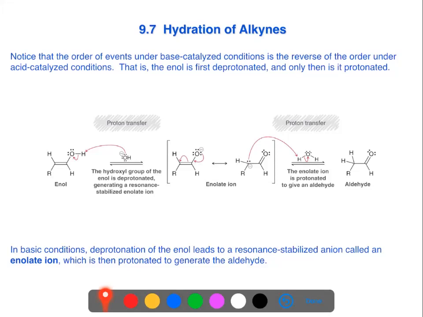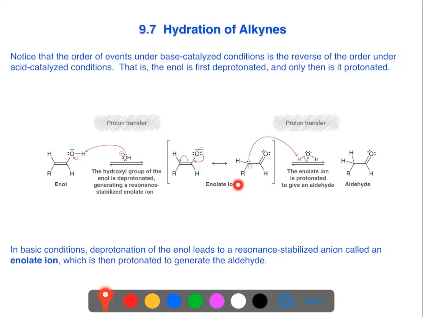And so the first proton transfer step is the hydroxide accepting a proton from the enol to generate an anion as your reactive intermediate. This anion is referred to as the enolate ion. And you can see, like we saw in the previous mechanism, that this is also resonance stabilized. And so we can draw a resonance structure that represents the enolate ion.